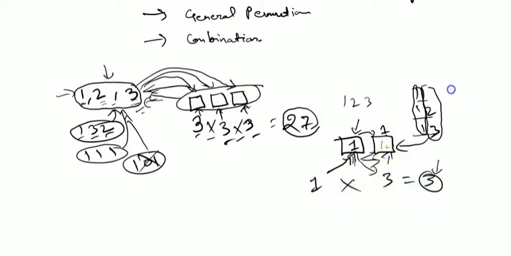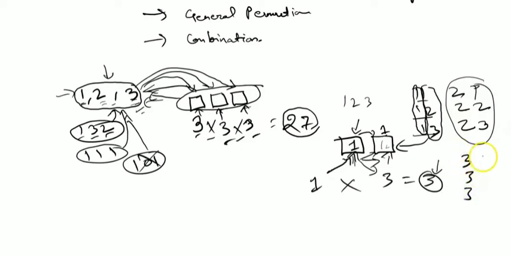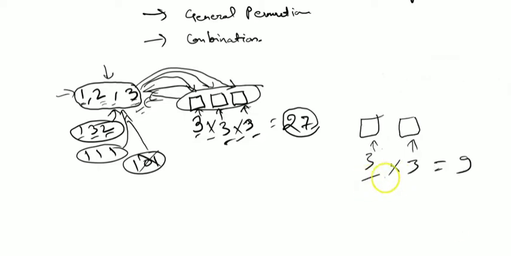And so for the second choice, there are 3 possible numbers even for the second choice, and the same for the third choice in the first slot, which is 3. There are 3 possible numbers that can be formed. The total numbers that can be formed is 3 here, 3 here, and 3 here, which makes it 9, because we multiply the choices that we have for every slot there is.